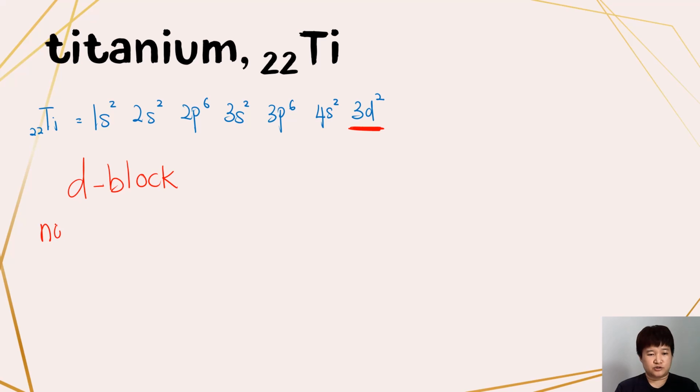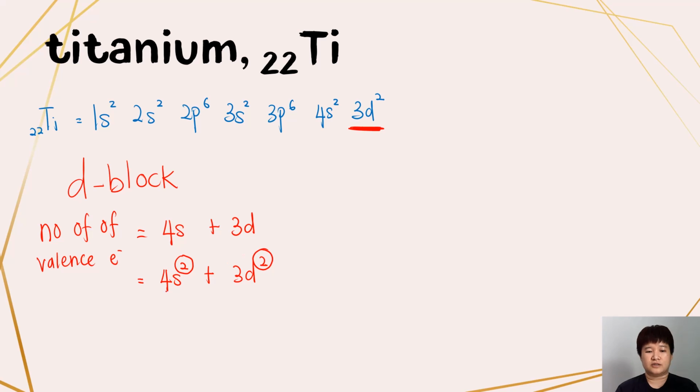Next, we are going to work out the number of valence electrons. The number of valence electrons here will be the 4s plus the 3d. Our 4s is 4s2, our 3d is 3d2, so I have 2 electrons in the 4s and 2 electrons in the 3d.